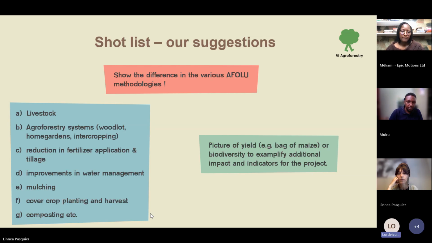When it comes to improvement in water management, especially those farmers that are staying in sloping areas around Mount Elgon, at least they've come up with some structures like terracing as one way of controlling soil and water conservation.